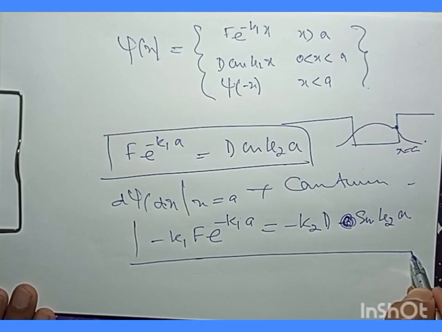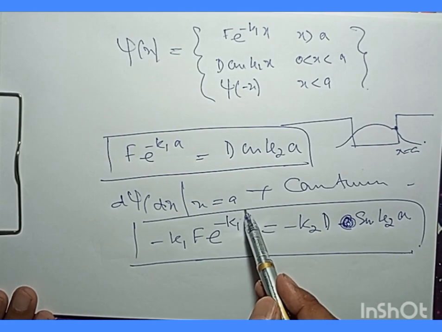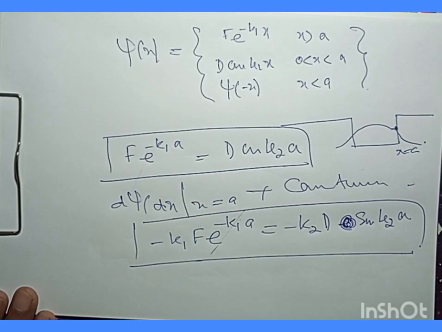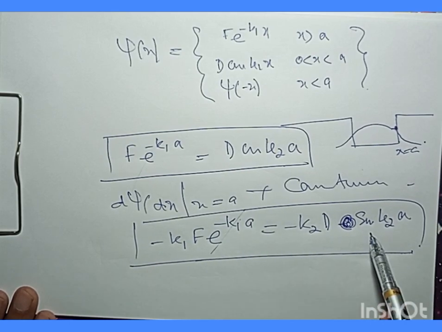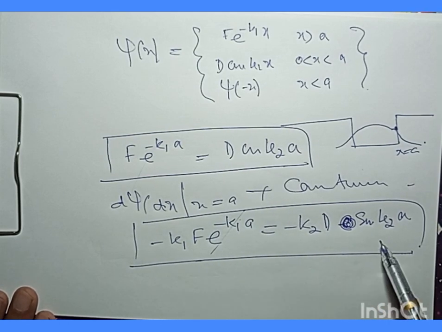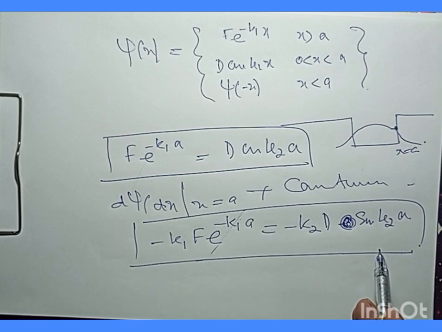And we can immediately divide these two equations. There will be cancellation: f e to the power of minus k1 a cancels, d cancels, and we will have sine theta by cos theta, which gives us tan theta. So we can proceed from here.